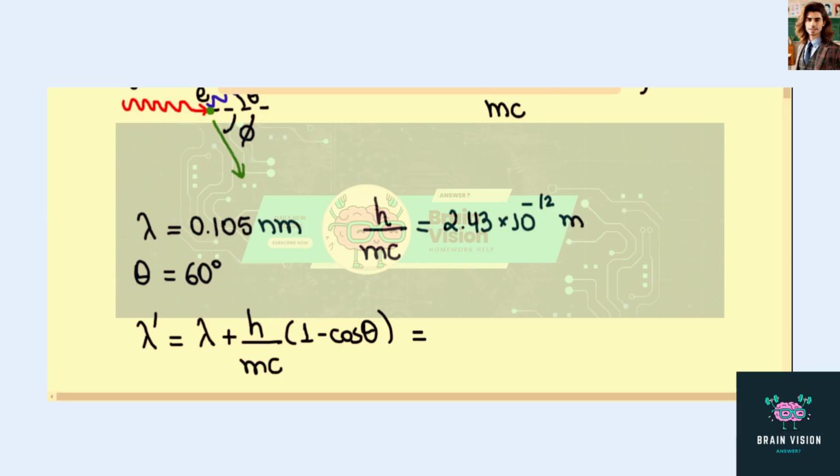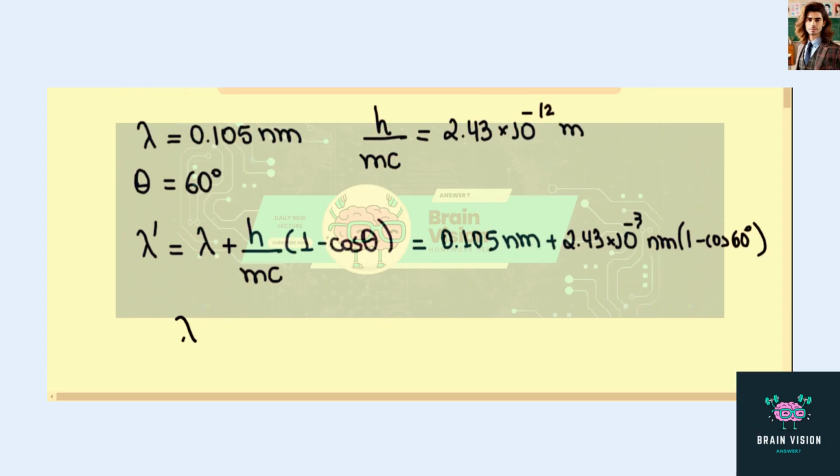So I'm going to write this as 0.105 nanometers plus 2.43 times 10 to the minus 3 nanometers times 1 minus cosine of 60. So lambda prime is equal to 0.1062 nanometers.